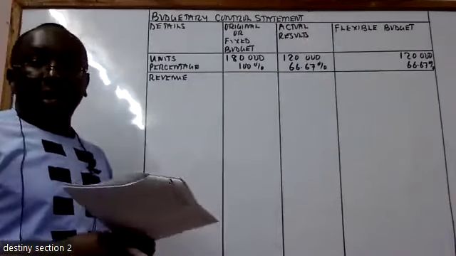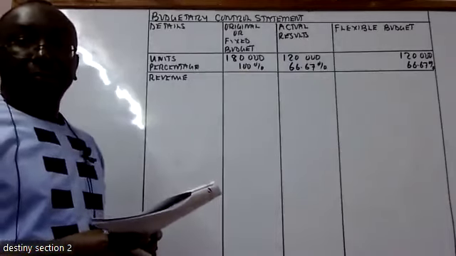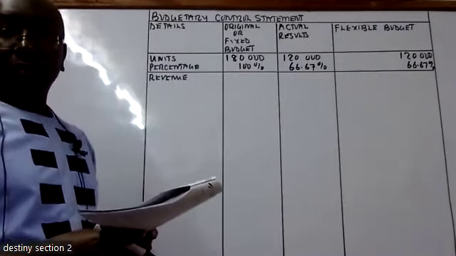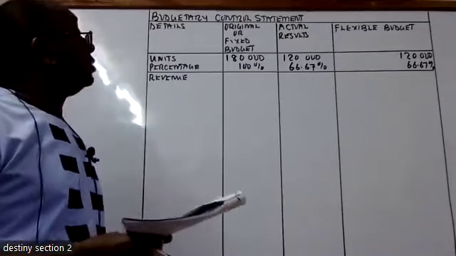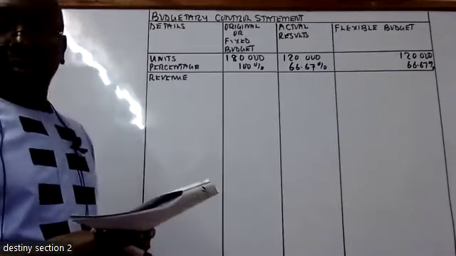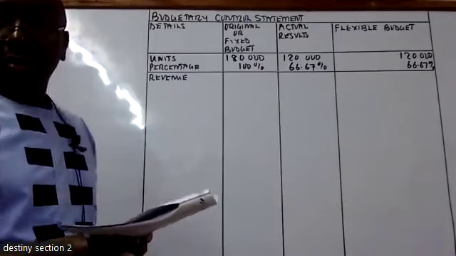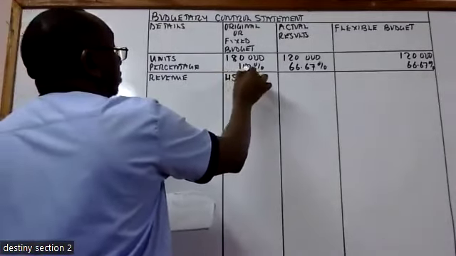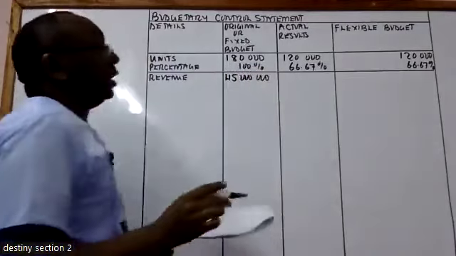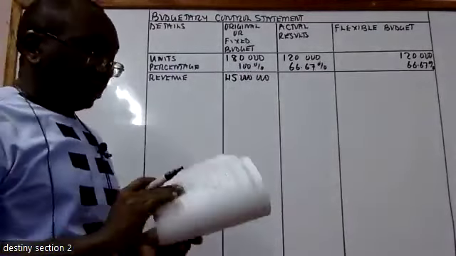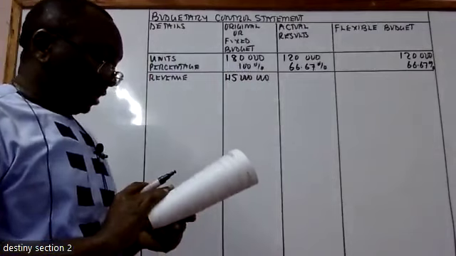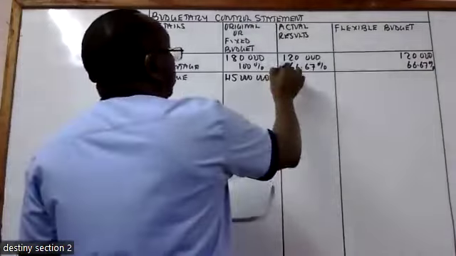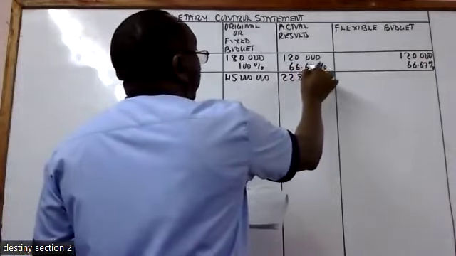Tell me what the revenue is. 45 million. Then the revenue for the actual is given there: 22,800,000.